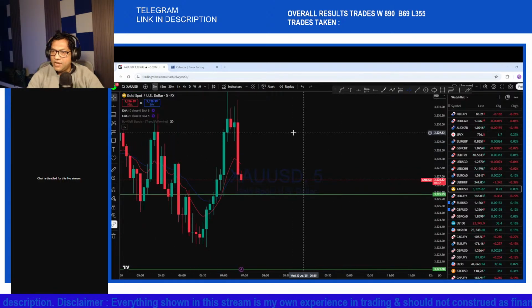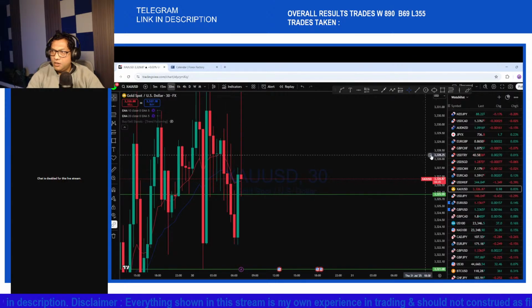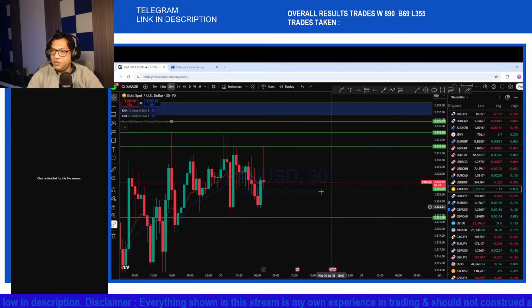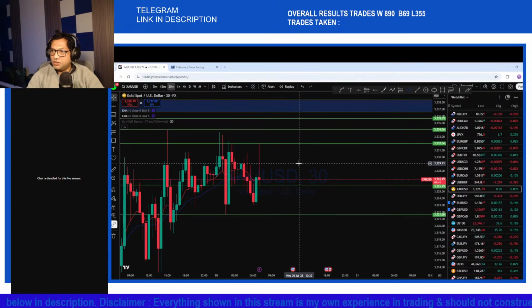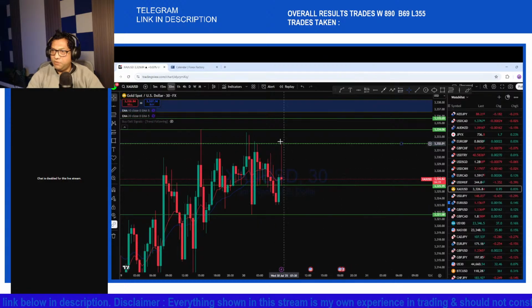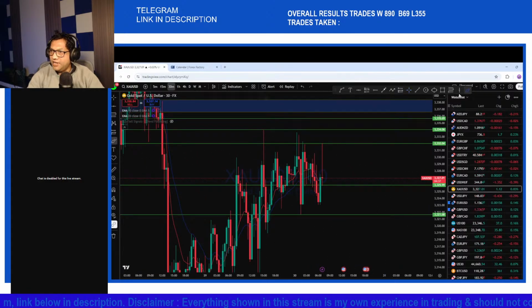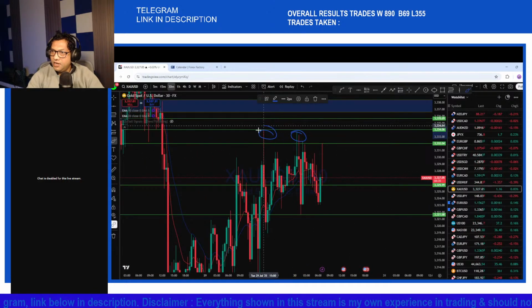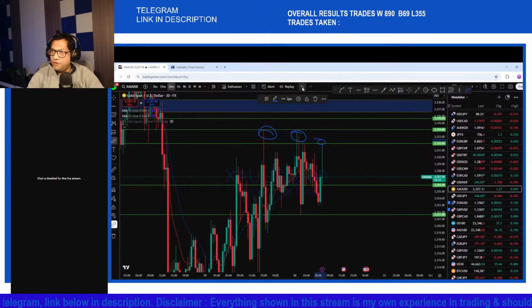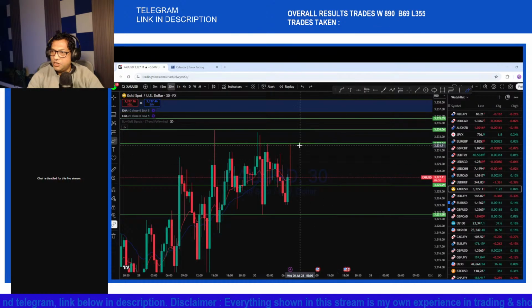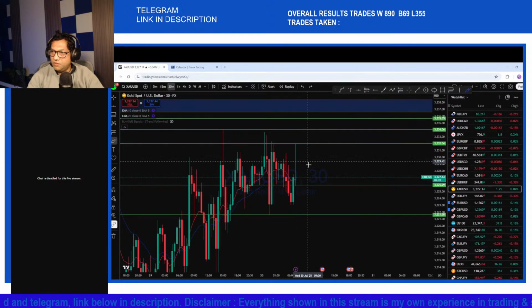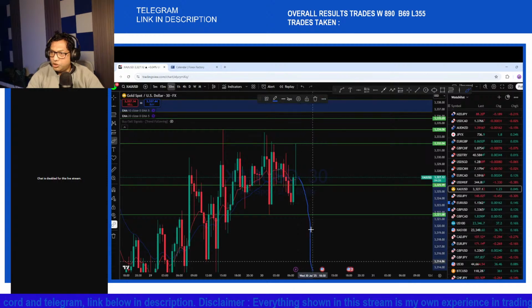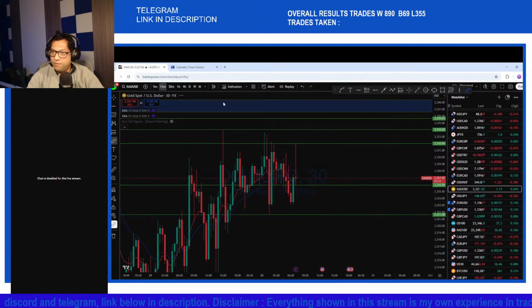So that being said, if you look at the 30 minutes, we can also see a 30 minutes doji being formed with a head and shoulder formation. This is the head, the left shoulder, and the right shoulder here. With this head and shoulder formation, the market on the 30 minutes may also potentially drop back below here.